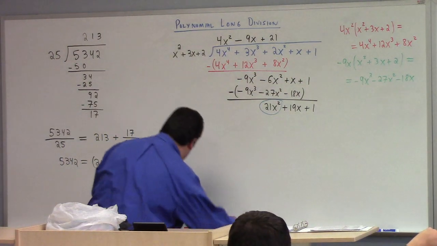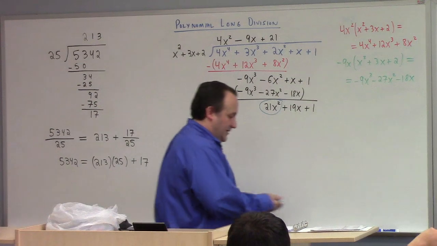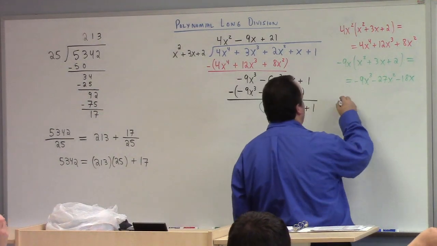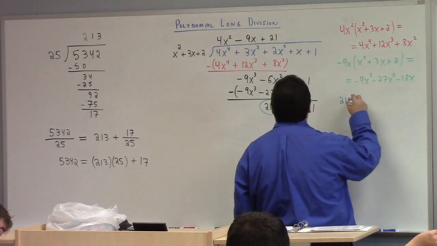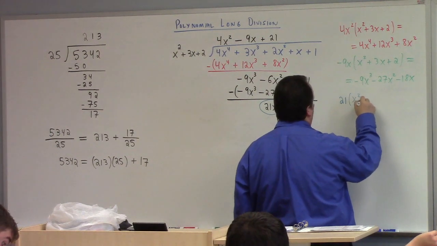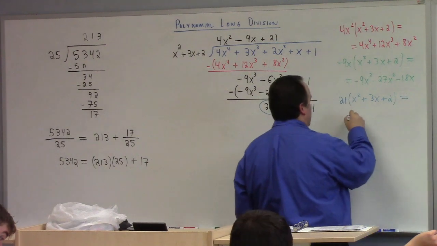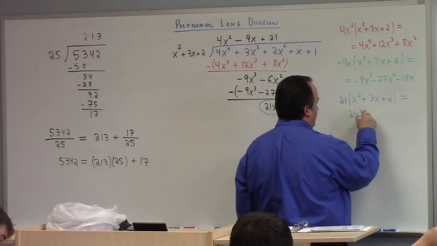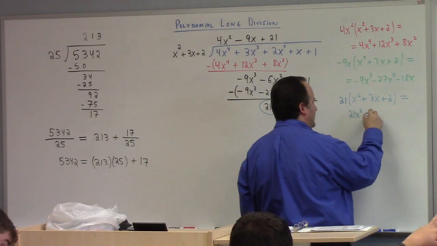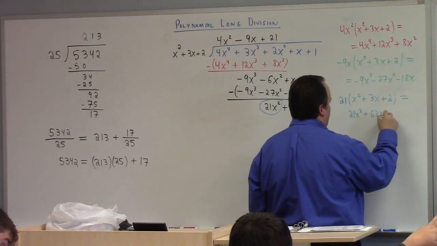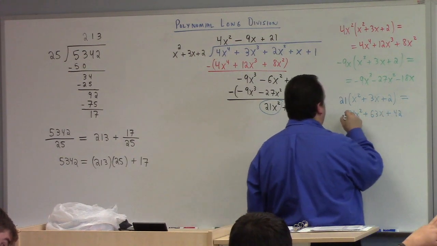But it's not dead yet, so I guess if I want it to go away, I have to keep using it, right? See, so 21 times x squared plus 3x plus 2. What's that equal to? Well, that's 21x squared plus 3 times 21 is 63x, plus 42.